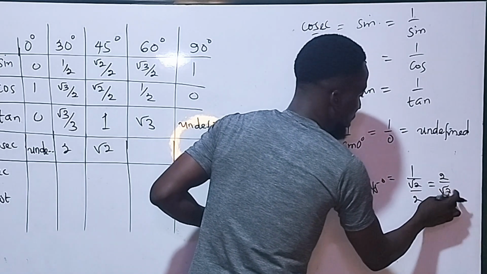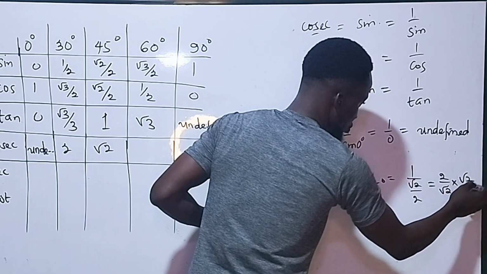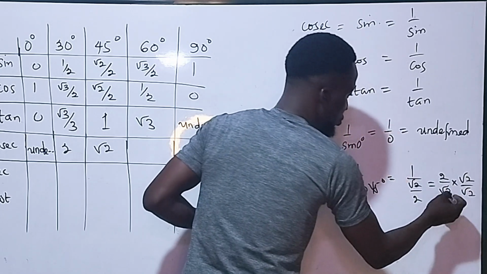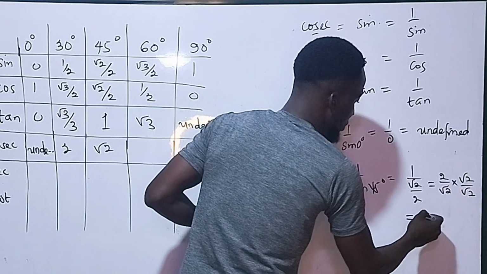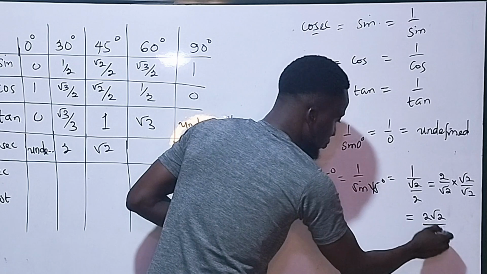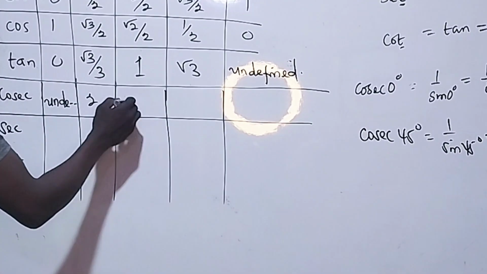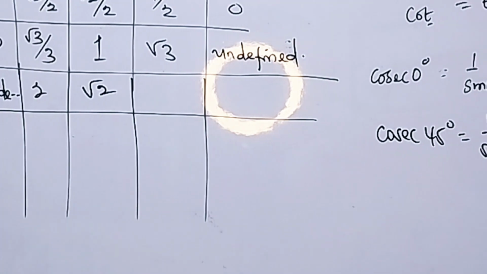I told you that earlier. We can't have this in mathematics, so we rationalize, such that we have 2 root 2 over root 2 times root 2. So this cancels this, so we have root 2. This guy is root 2.